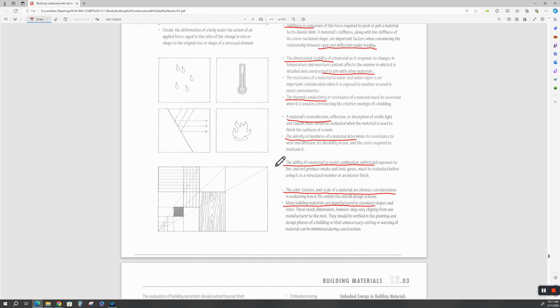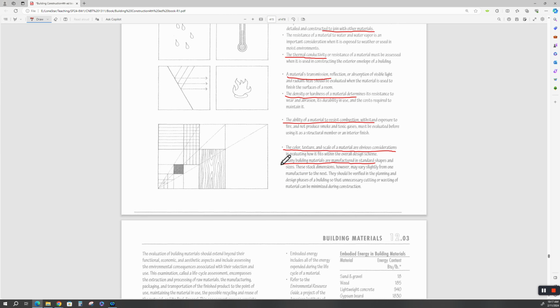That's 1.5 inches by what? 11.25. So the best way to do it is if you're going to Lowe's and Home Depot and the lumber yards, they all will tell you what the exact dimensions of these things are. They'll tell you what the nominal dimension is, and then they'll tell you what the actual dimension is. So check your dimensions before you start laying out your wall.